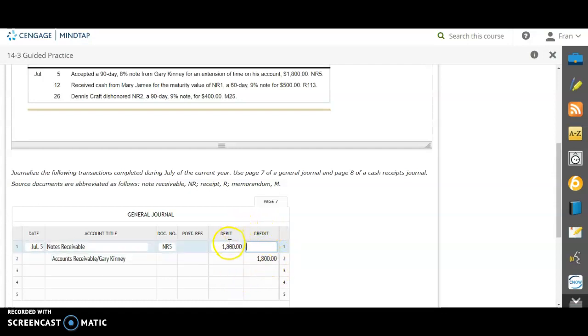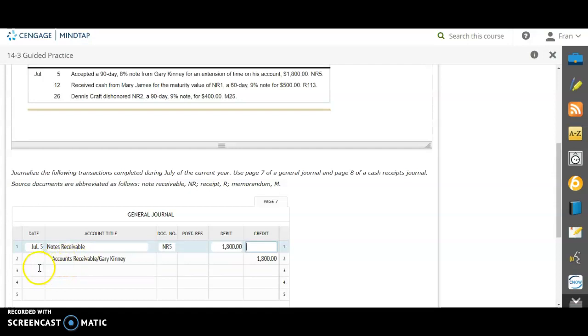But instead of paying it, he's getting a notes receivable, which also has a debit balance, right? So he's just converting one receivable into another receivable, okay? We don't worry about the interest rate on it right now until he pays it, because let's face it, he might not pay it.